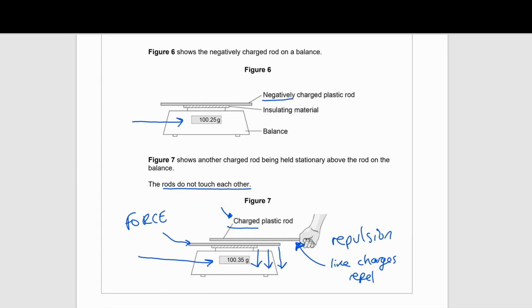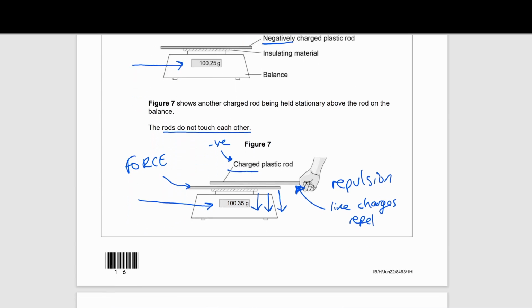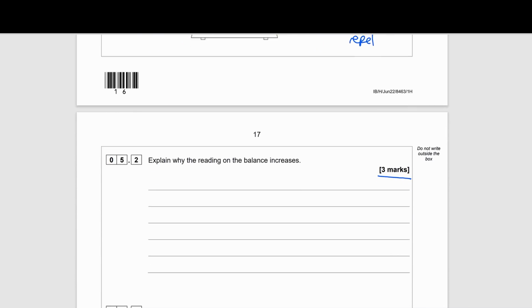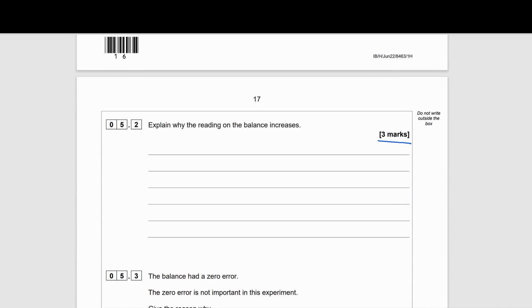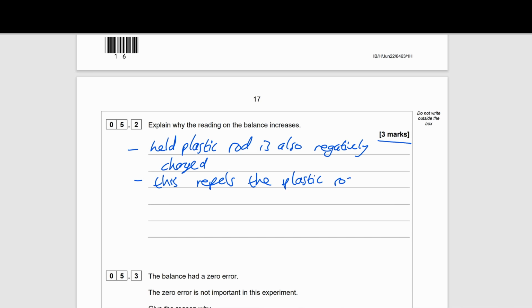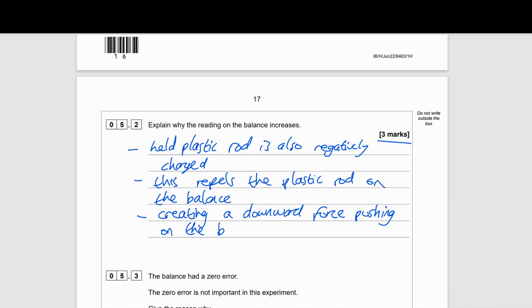So that must mean that this plastic rod that is being held is also negatively charged. So let's put all of that information in our answer now. We can say that the held plastic rod is also negatively charged. This repels the plastic rod on the balance, creating a downward force, pushing on the balance.